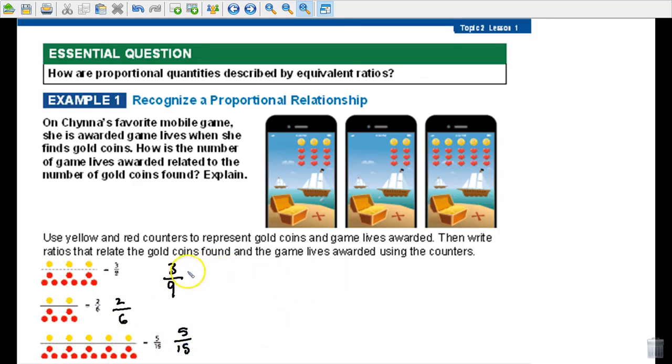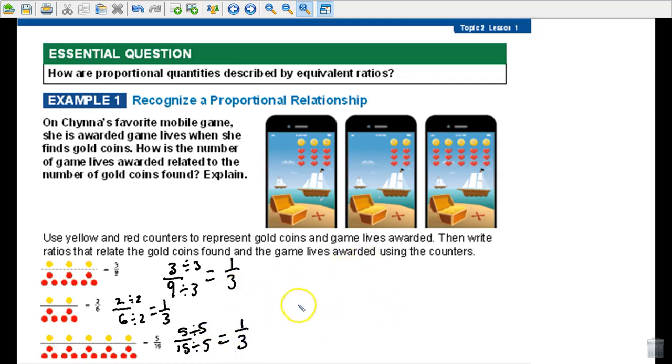Okay, class, when you simplify all of these, you're going to break them down, simplify them to the best you can. You'll get 1/3. Divide this by 2 and divide this by 2, you'll get 1/3. Divide this by 5, divide this by 5, and you'll get 1/3.